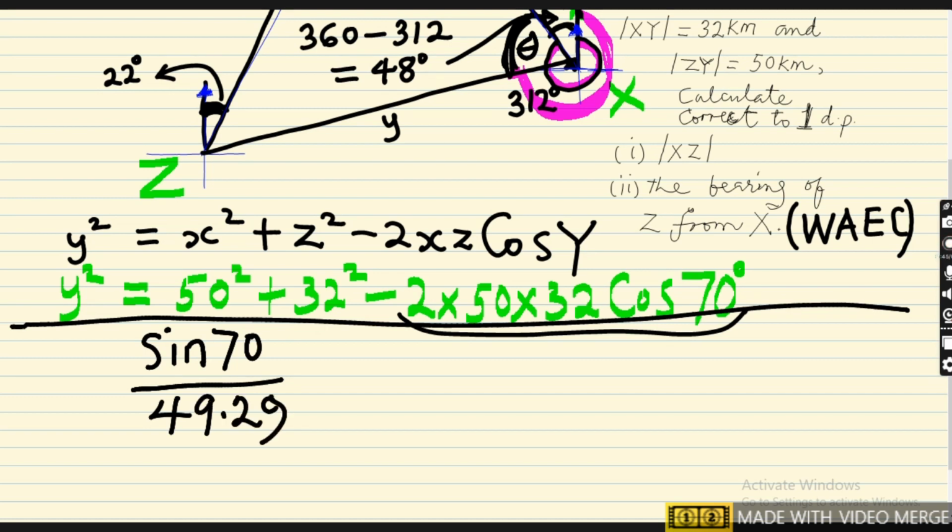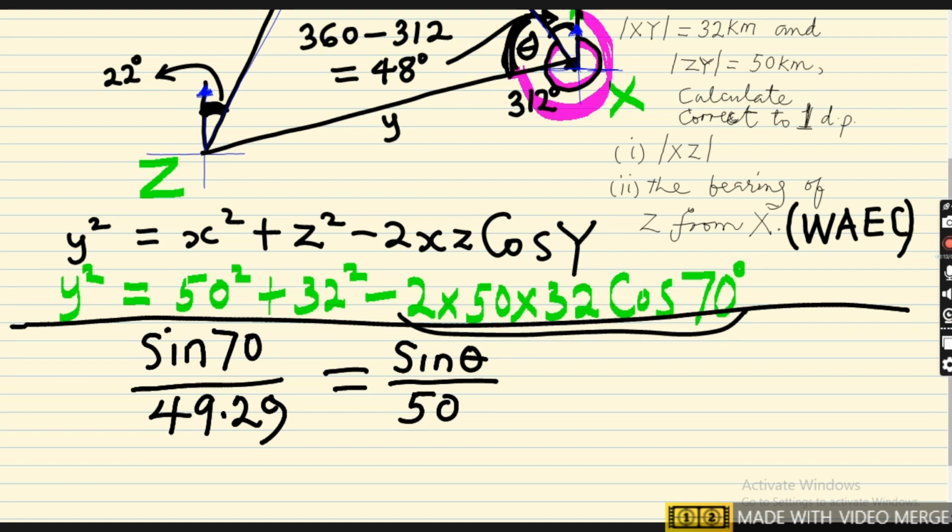Of course, the sine of an angle over the side opposite it is equal to the sine of another angle over the side opposite it. Okay, the ratio is constant for every triangle. So sine theta over the side opposite theta, and that is simply 50. That place we call 50 degrees.